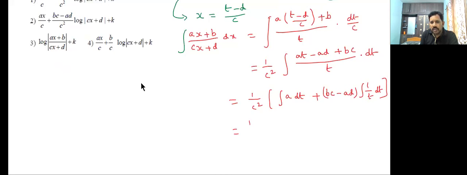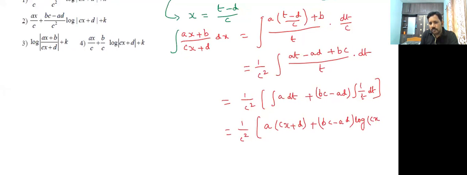Now 1 by c square into integration a dt, that is at. What is t? Cx plus d. Plus bc minus ad integration 1 by t dt, that is log t. Log t means what? Cx plus d, plus c. This is the answer.